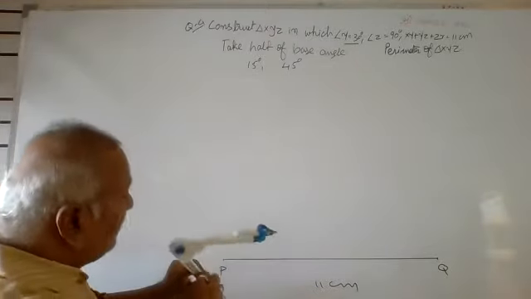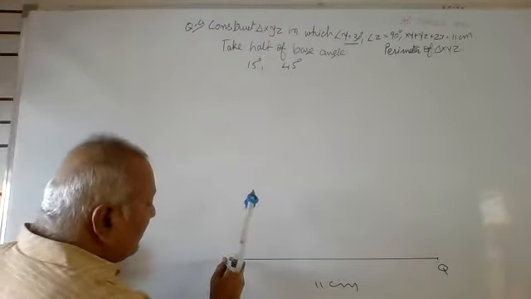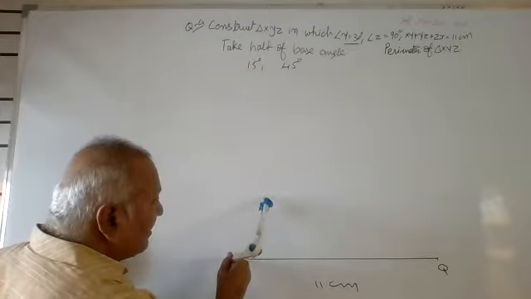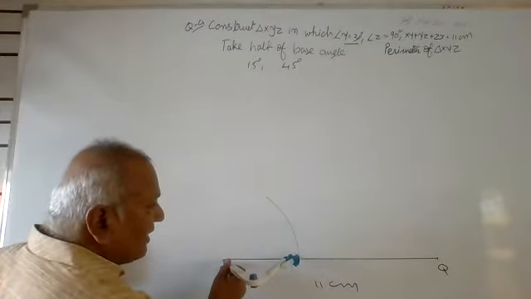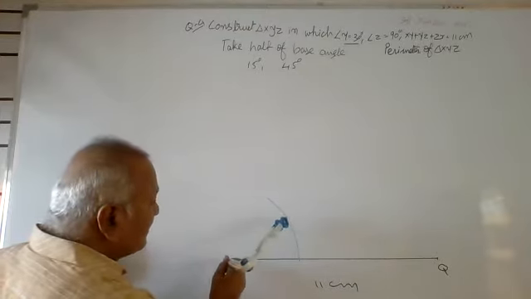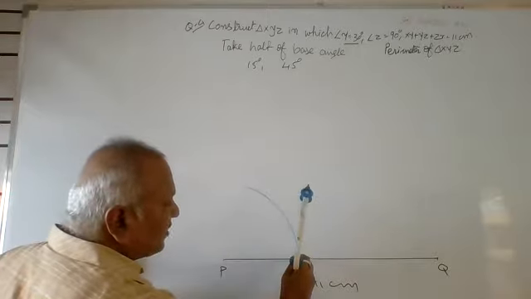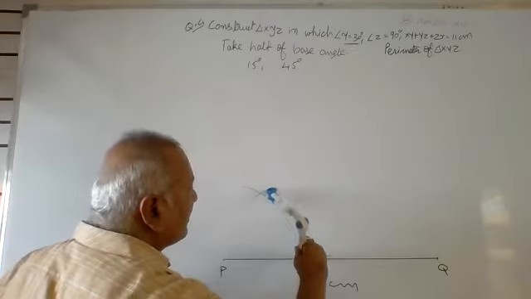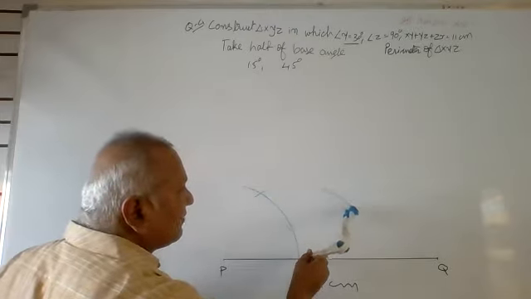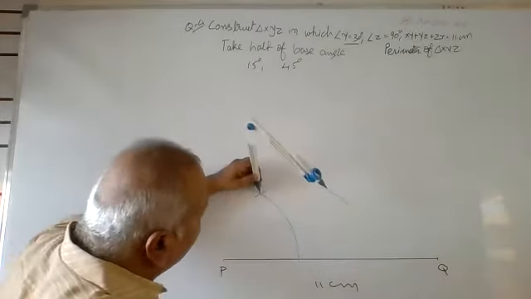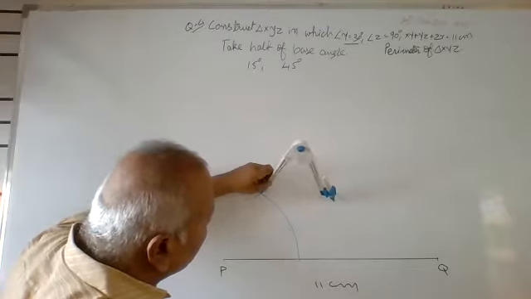Keep the pin on P and draw an arc, any arc by taking any random measurement. Here it is the first arc, it is 60 degree, then it will be the 30 degree. We can see this.